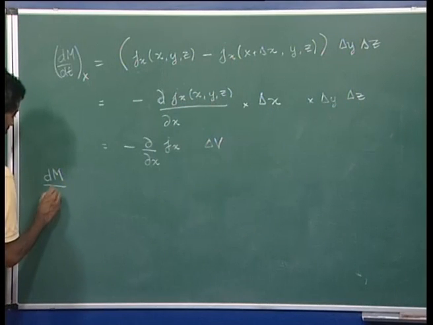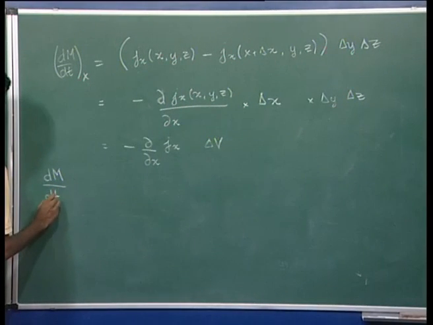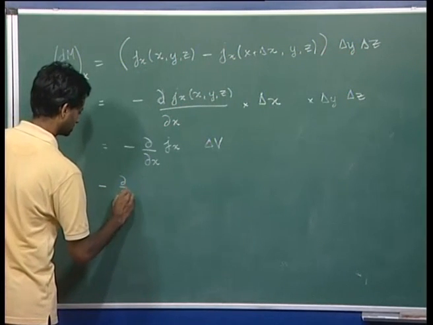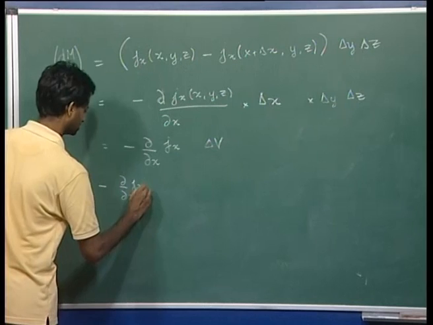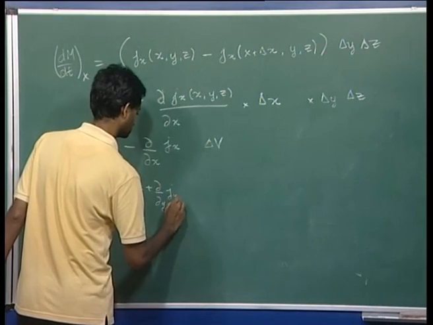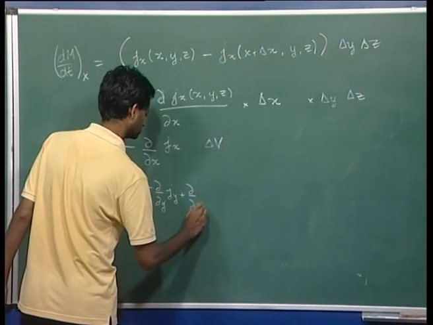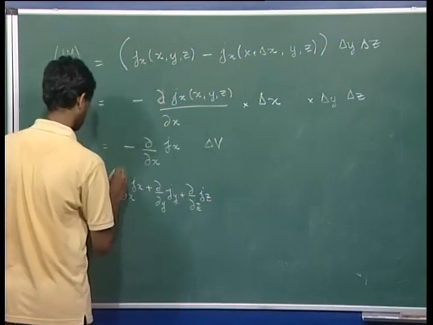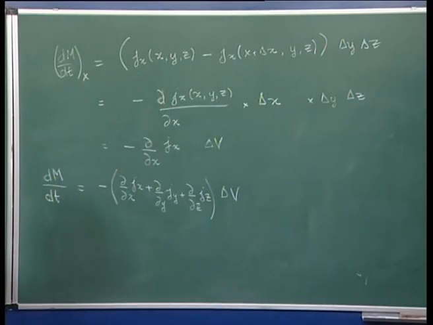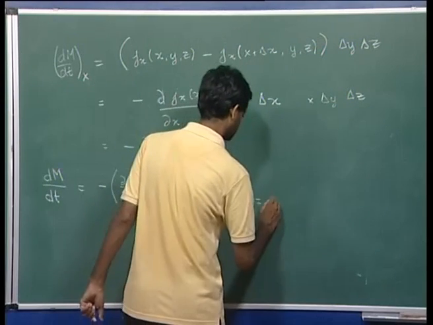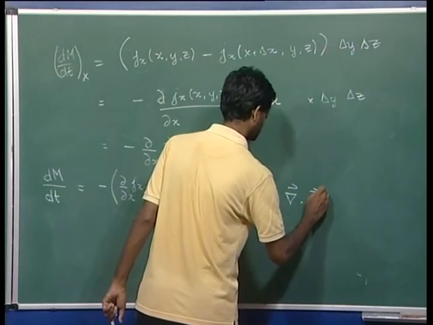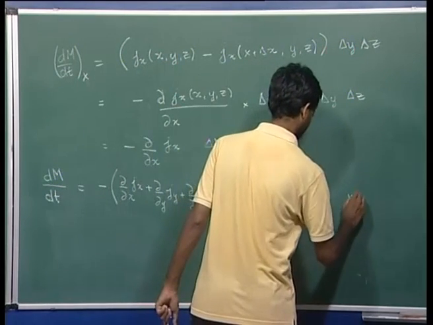If I add all of them up, I can write dm by dt is equal to minus the sum of these terms times delta v, and I can write this as minus the divergence of j times delta v.